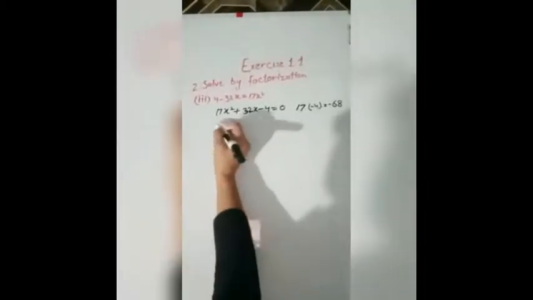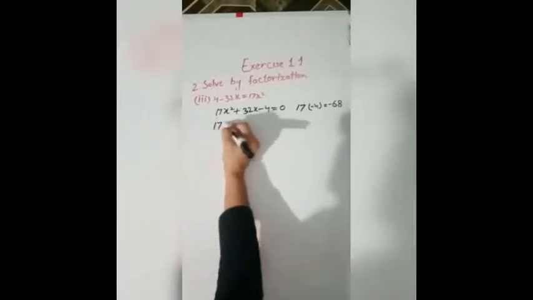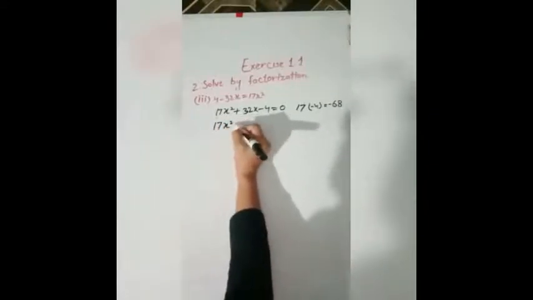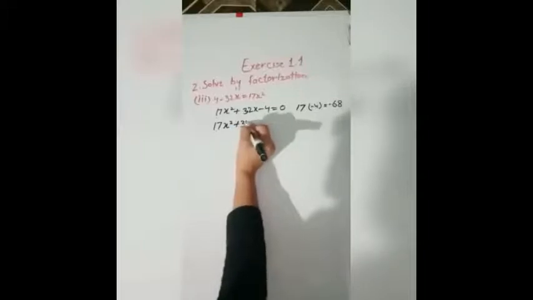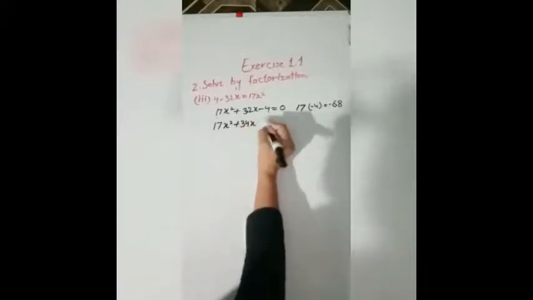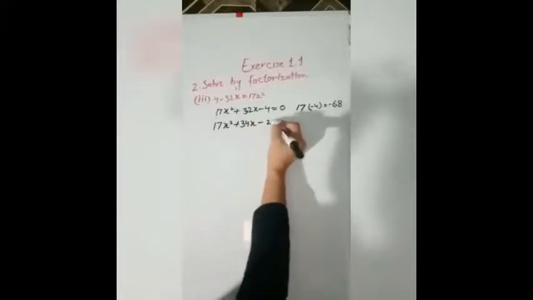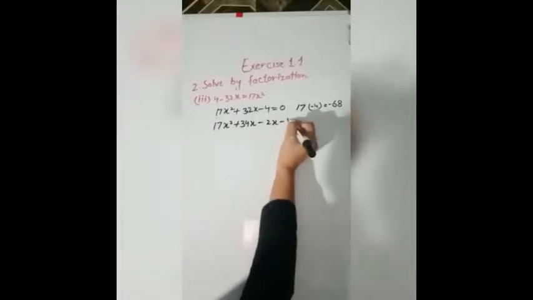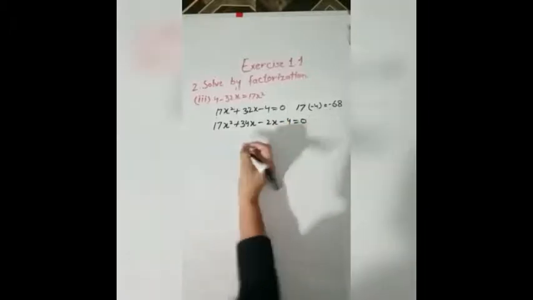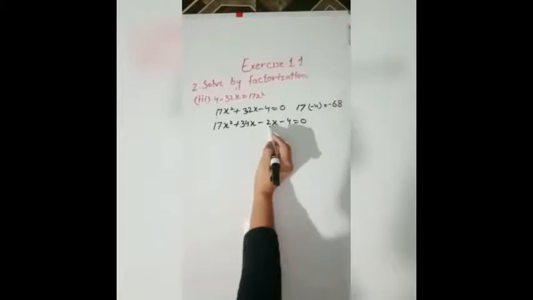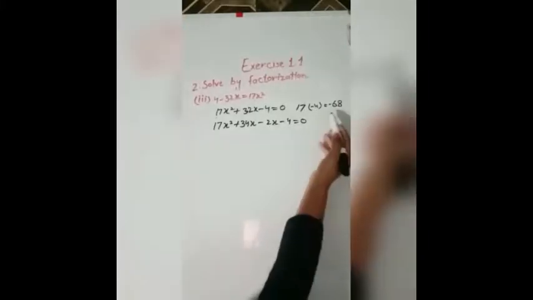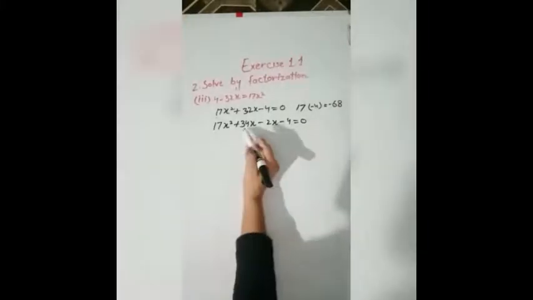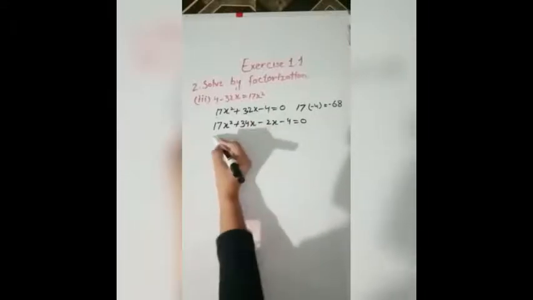Now we have to find the factors. What are they? 17x square plus 34x minus 2x minus 4 is equal to 0. If we multiply 34 by 2, then we get 68, and if we take the difference of these two terms, then we get 32. So these are the factors.